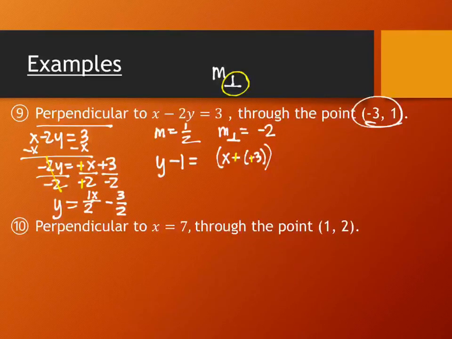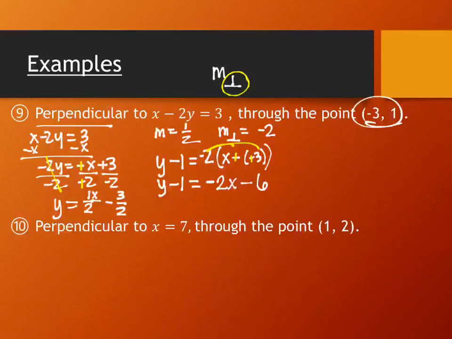Okay, so I need a negative 2 right here. Cool. All right, so I have y minus 1 equals, and we'll distribute the negative 2 through. So negative 2x, negative 6. Multiplication, not addition, multiplication. Yeah, negative 2 times 3, negative 6. All right, so I need the x's and y's on the left, and I need the numbers on the right.